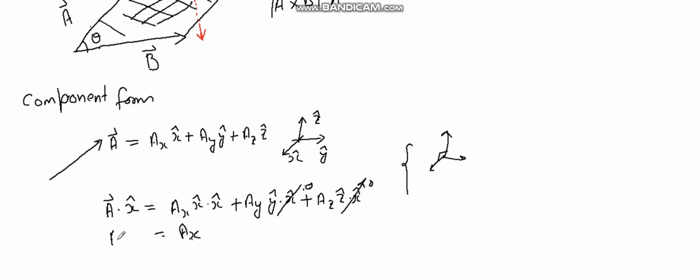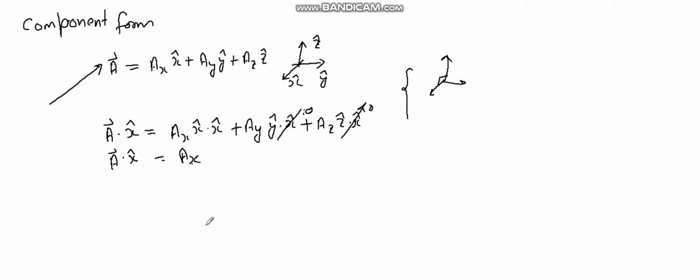So Ax is this. We can also write A dot x cap by the formula: magnitude of A, magnitude of x cap which is 1 because it is a unit vector, times cos theta. Theta is theta x, the angle between this vector A and the x axis.